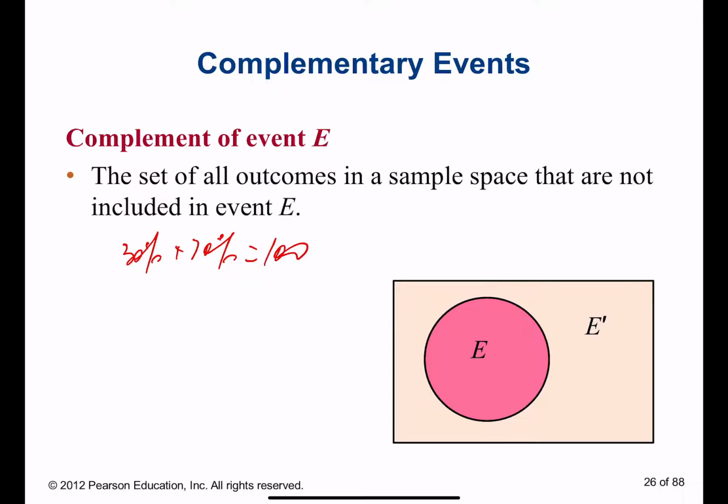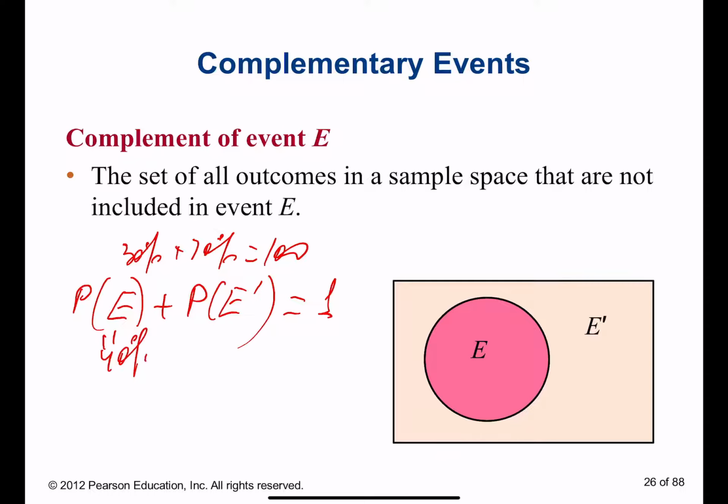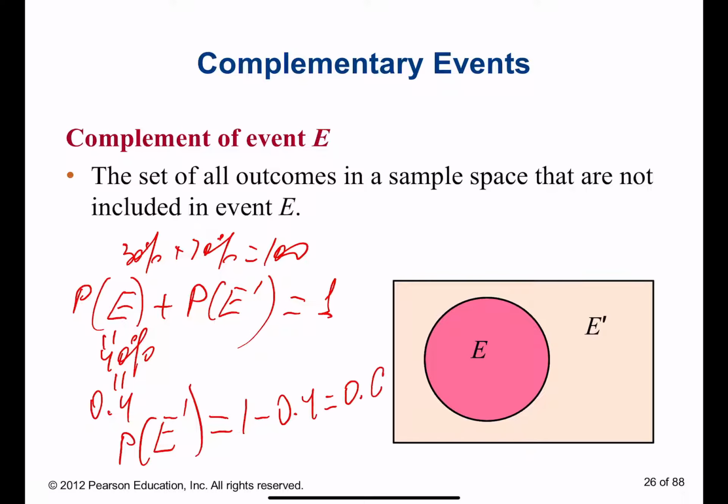Which means, if E is our event, the probability of E plus the probability of the complement of the event, which we call E prime, is equal to 1. So if I know the probability of the event is 40%, or 0.4, then the probability of the complement is going to be 1 minus 0.4, which will be 0.6. Yes? It's very straightforward.